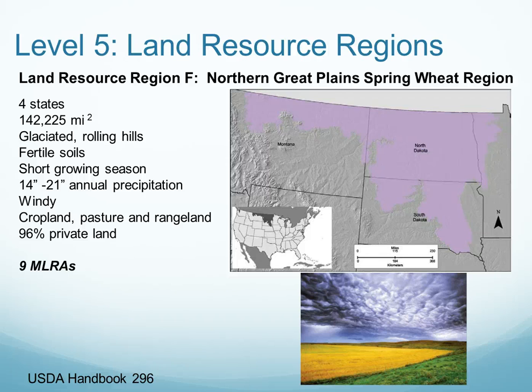They generally have very fertile soils, but because of their position globally, latitudinally, they have a very short growing season. The range of precipitation is fairly narrow, between 14 inches to 21 inches, and this area is characterized by being windy in certain times of the year.